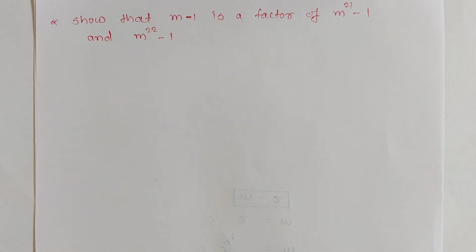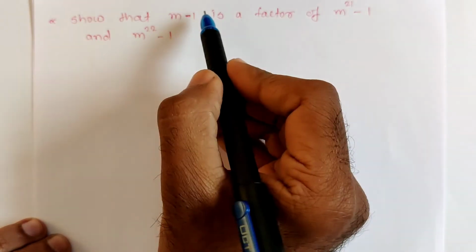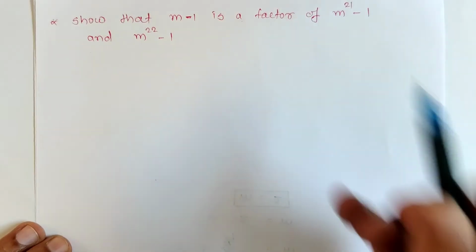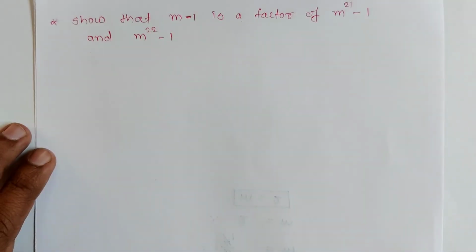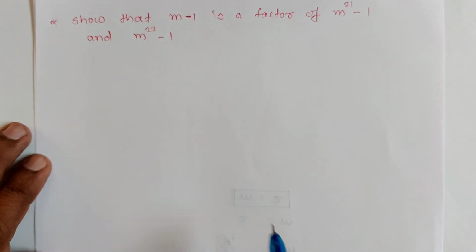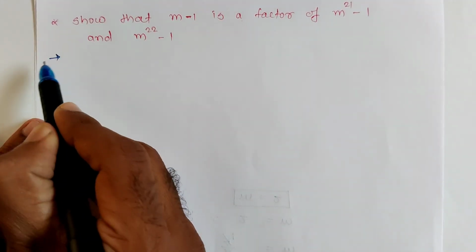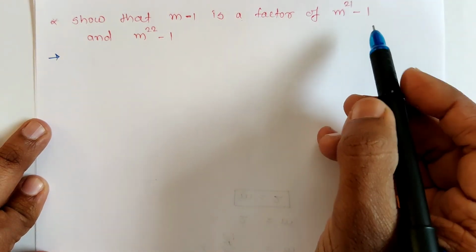The question is, show that m minus 1 is a factor of m raised to 21 minus 1 and m raised to 22 minus 1. So to check whether m minus 1 is a factor of these two polynomials, we have to use here the factor theorem. So first of all, we'll name these two polynomials.